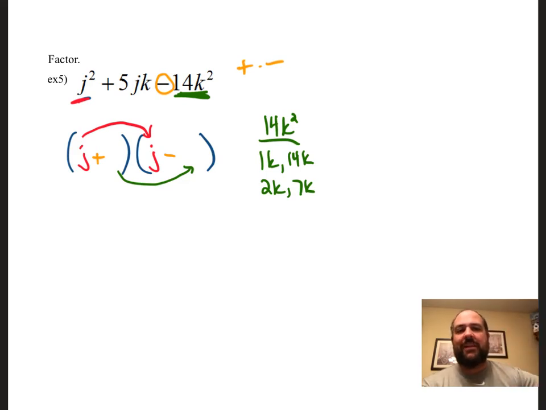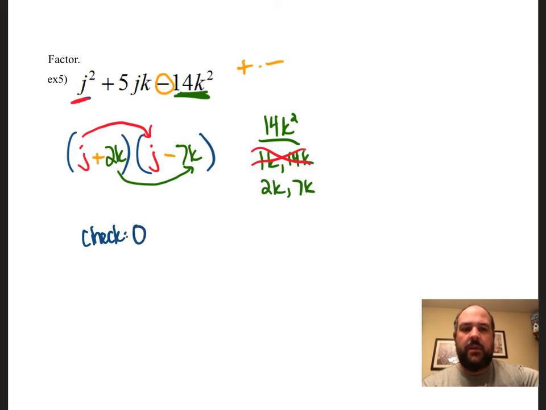You're probably saying 1 and 14, I don't think I can get 5 from those, and you would be right. So we can eliminate those choices right away. That means I've narrowed it down to 2k and 7k. If I check 2k versus 7k, my check will show me that I've made a mistake, because when I do the outside plus the inside, I get negative 7jk and positive 2jk.